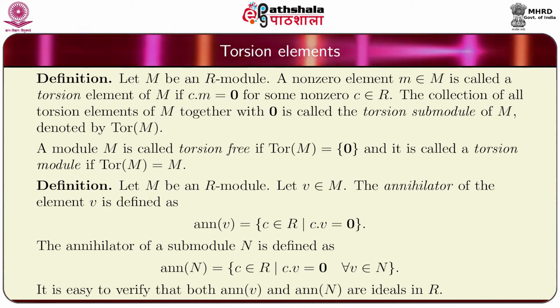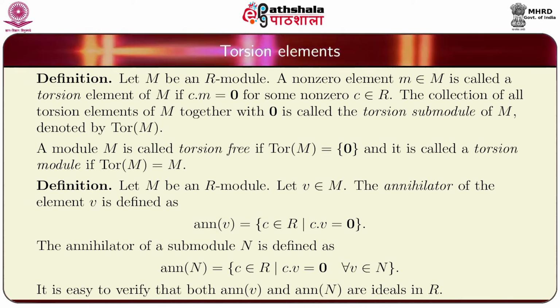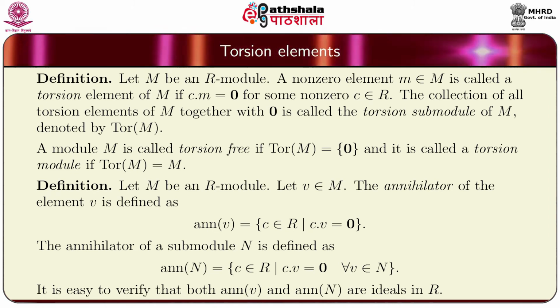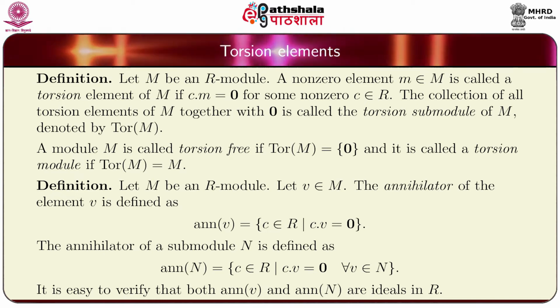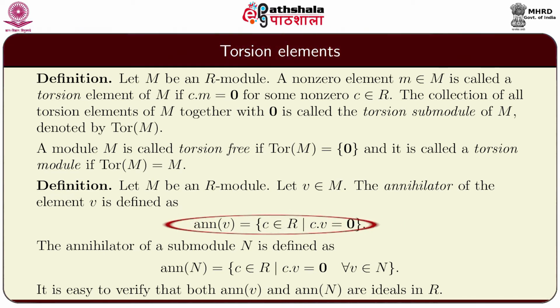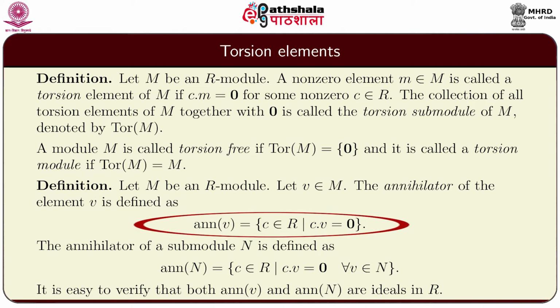One more definition: let M be an R module and v an element in M. The annihilator of the element v is defined as Ann v, which is the collection of all elements c in the base ring R such that c dot v is 0.